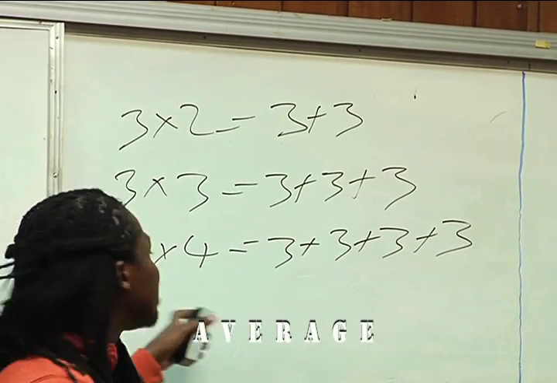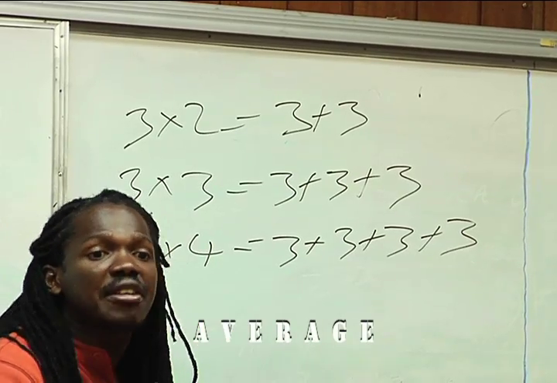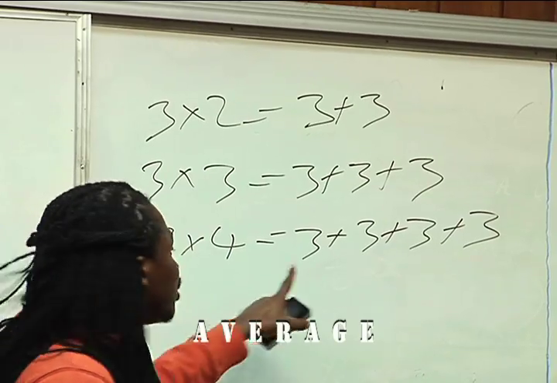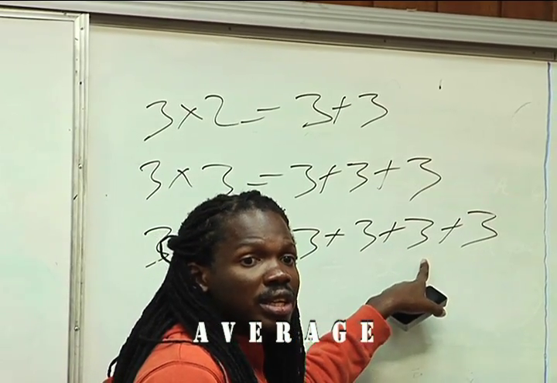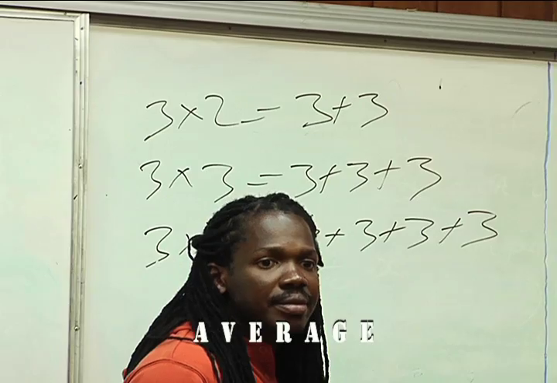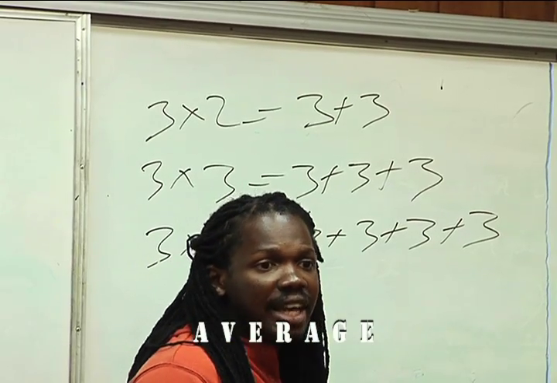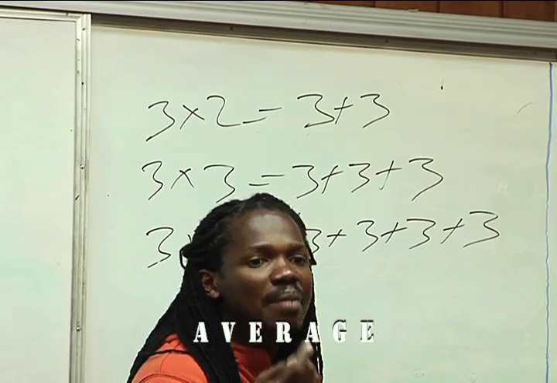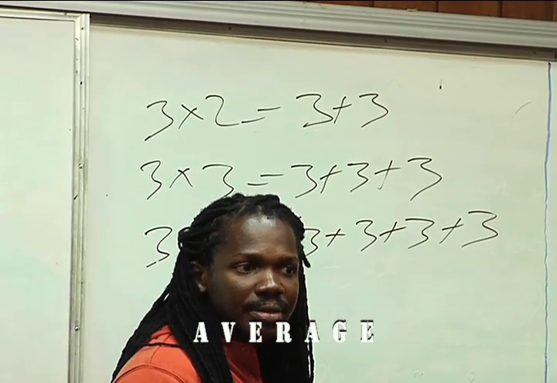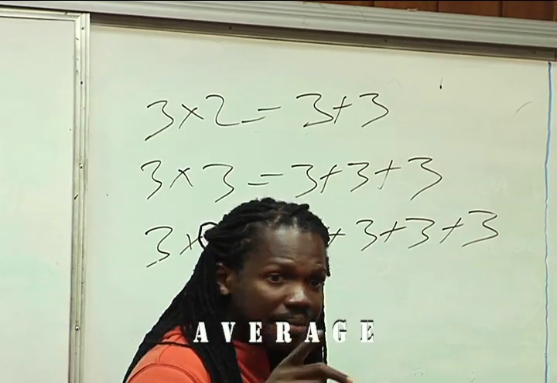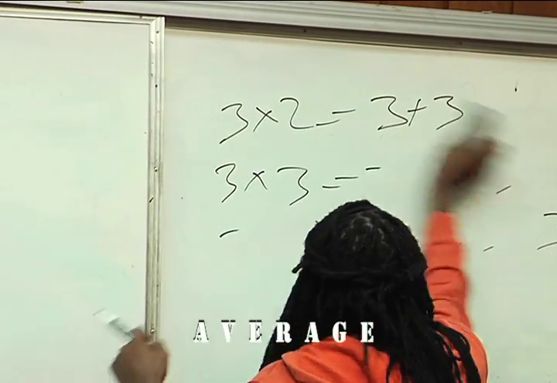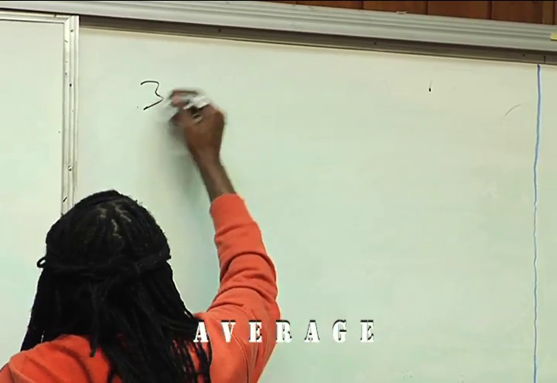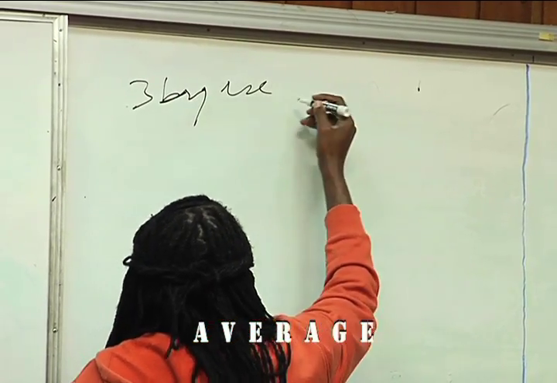So all multiply means is that you add a number to itself X amount of times. That's why when you say 9 nines is 81, then 10 nines is going to be 81 plus 9. Everybody understand? So if a man tells you that you have 3 boys, that are how much?